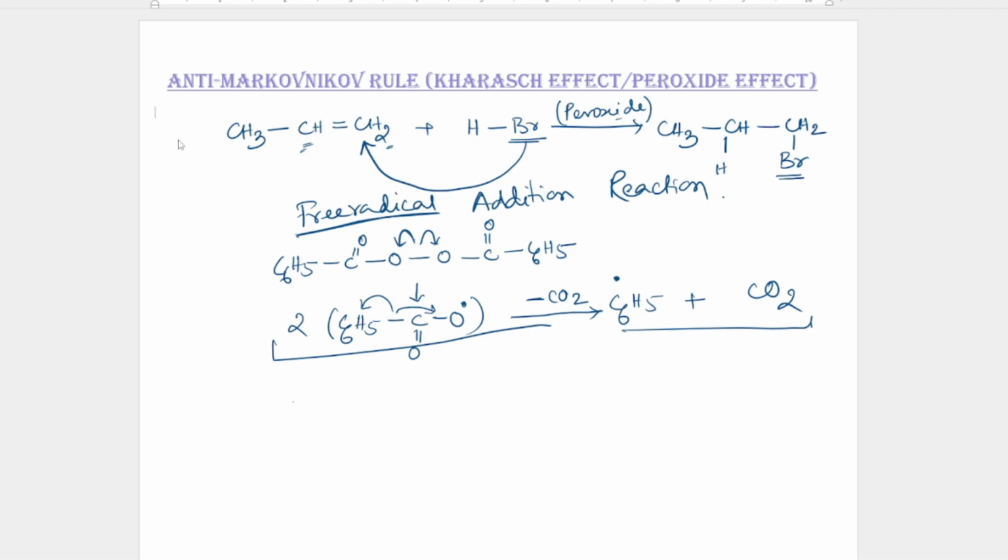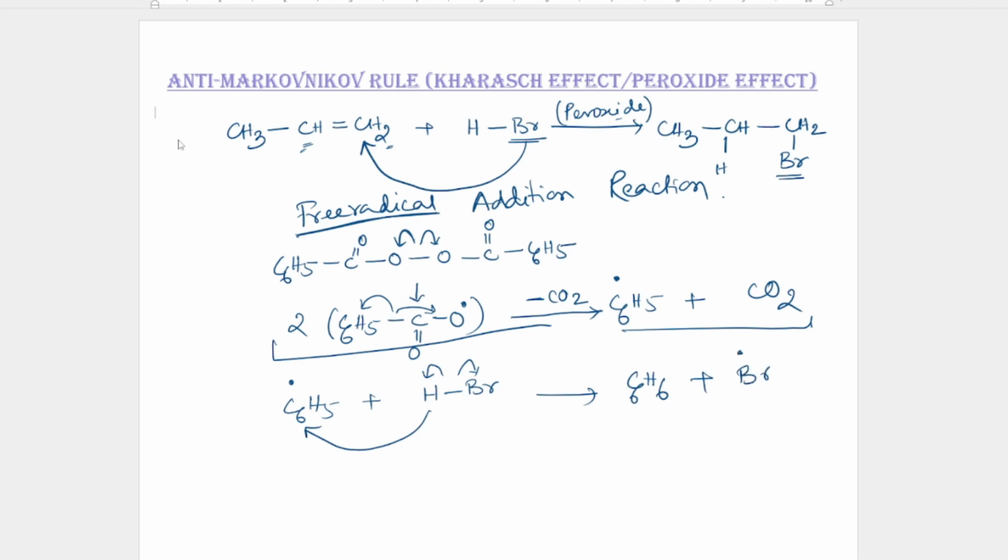Now the C6H5 free radical is going to attack the HBr. When it attacks, it will also form a free radical. The bond will break, and the hydrogen will react with that, forming C6H6 and a bromine free radical.